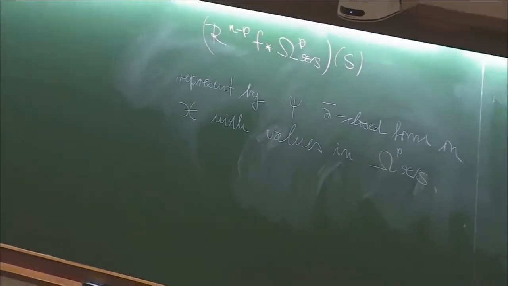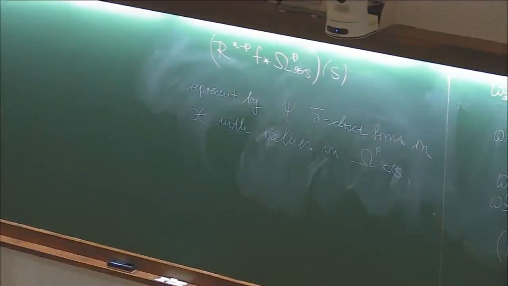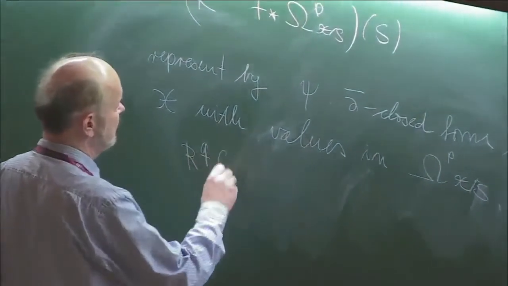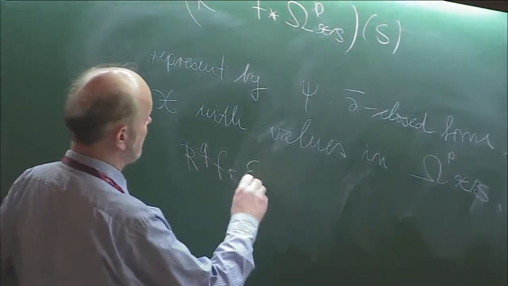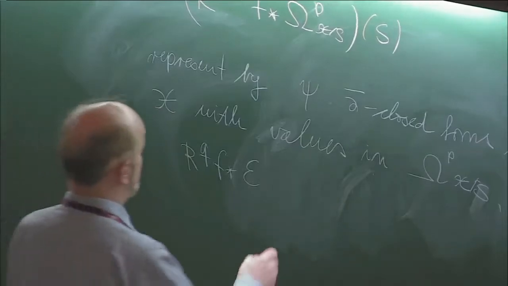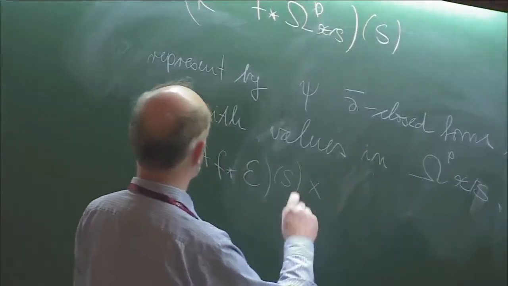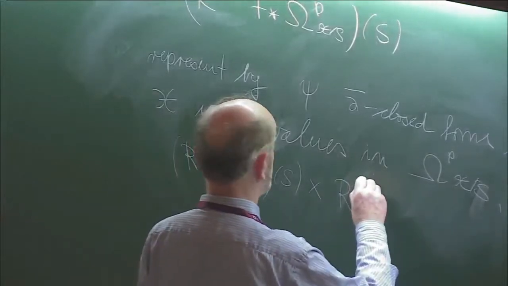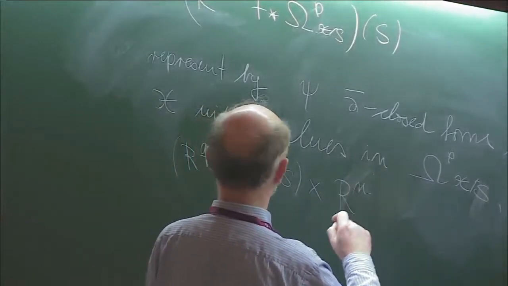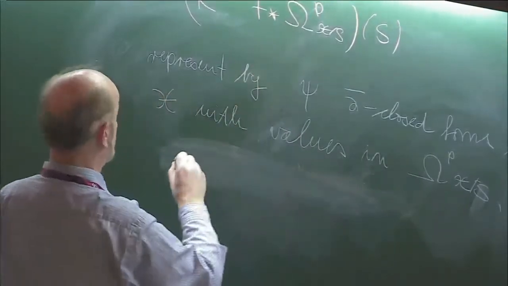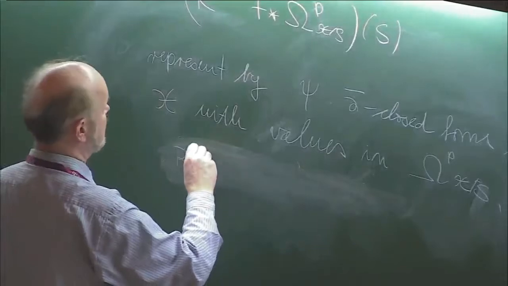And for instance, if we are looking at our F lower star of E, say a Hermitian vector bundle, then say of S, so then we can see what happens. Let us stick to this situation.